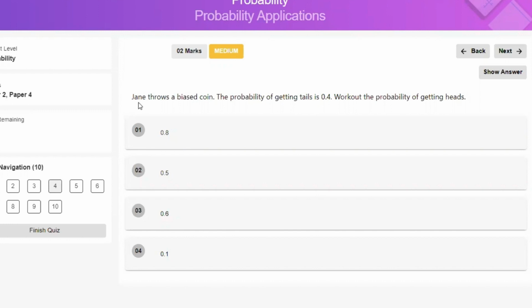We can either obtain a heads or we can obtain a tails. And the total probability of obtaining heads as well as tails should always equal 1. So we can use this to form an equation. The probability of obtaining heads plus the probability of obtaining a tails should add up to 1.